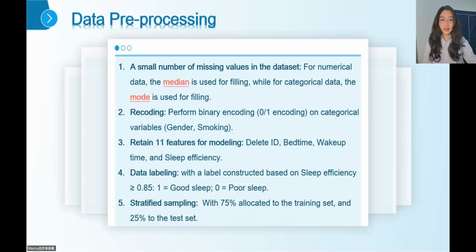Third, I select 11 features for modeling by deleting irrelevant variables. Fourth, I construct the target label based on sleep efficiency. Finally, I use stratified sampling to split the dataset into a training set and a test set, ensuring that the proportion of good and poor sleep labels is consistent in both sets.